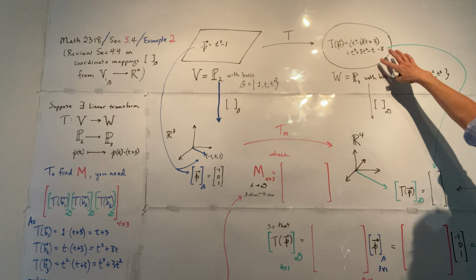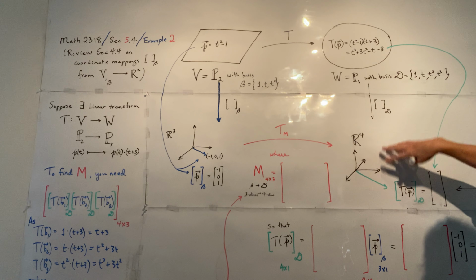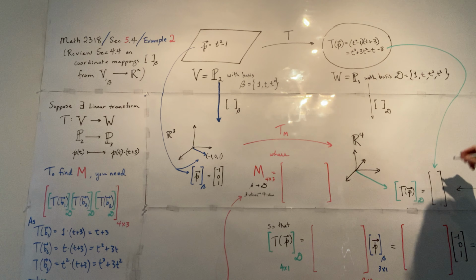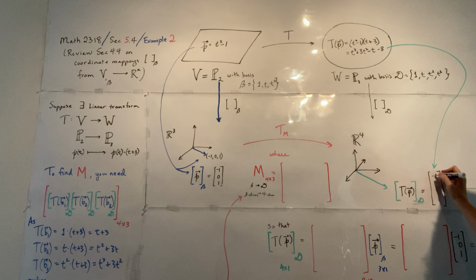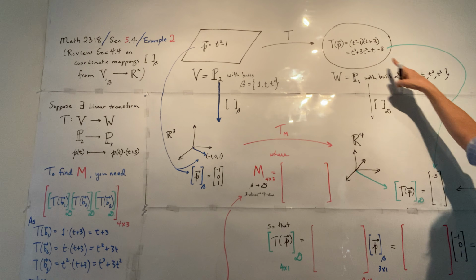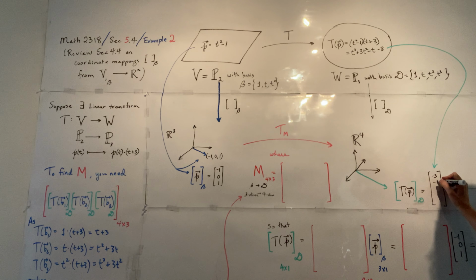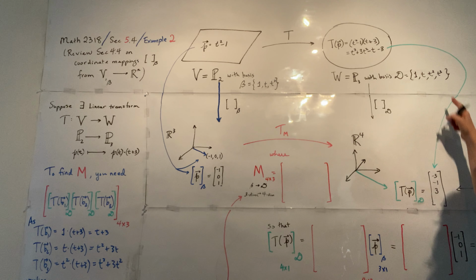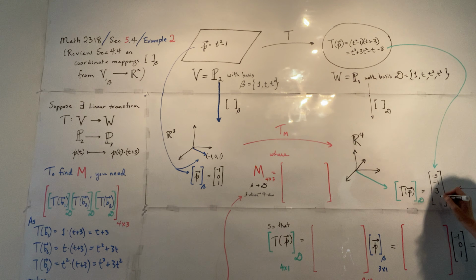If I'm using the usual coordinate mapping from P3 to R4, the first coordinate here is a minus 3 times 1, plus a minus 1 times t, plus a 3 times t squared, plus a 1 times t cubed, right?